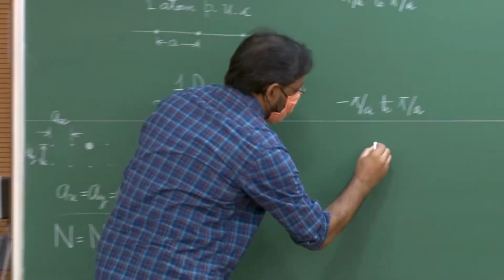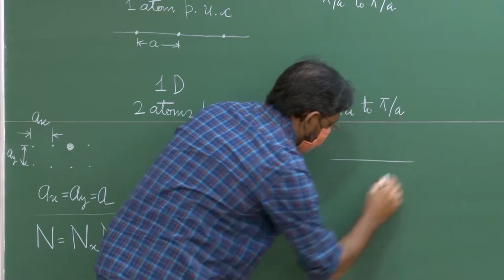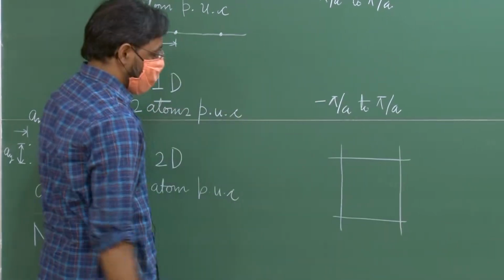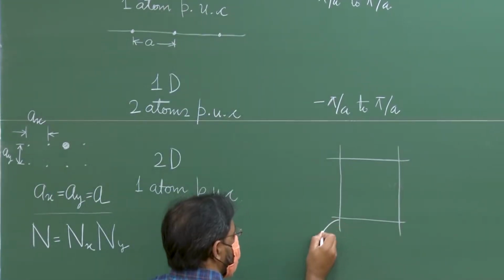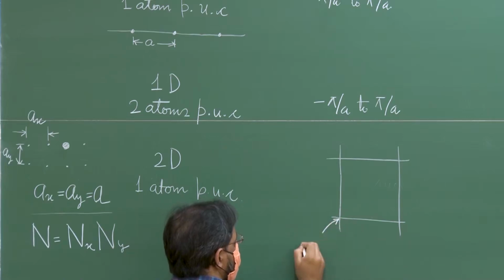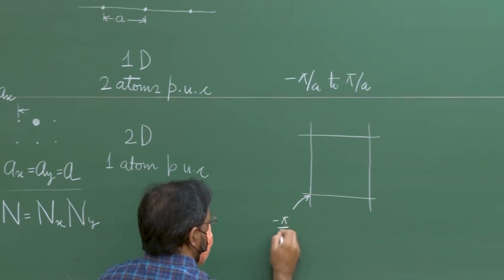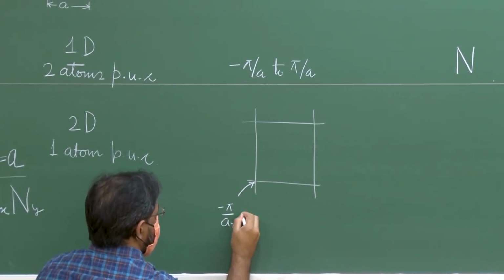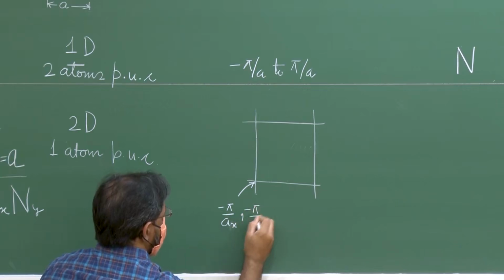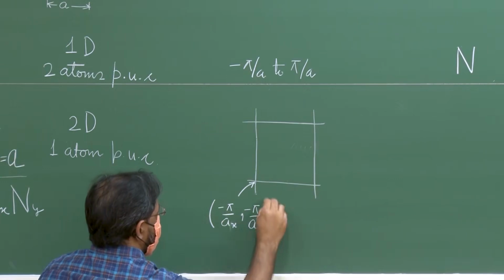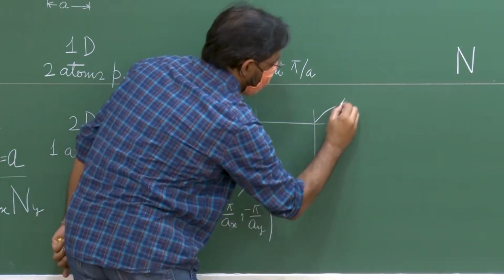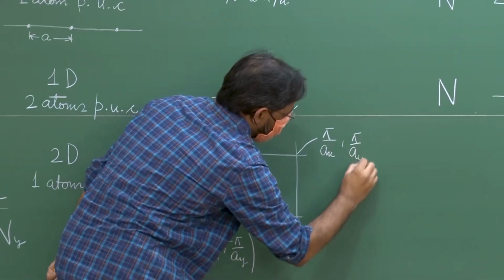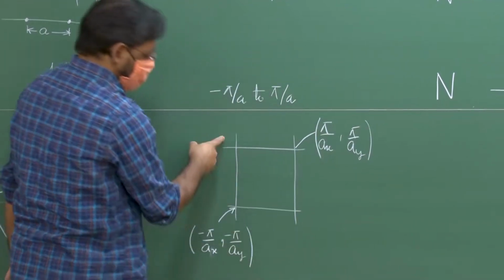So this is how the Brillouin zone is going to look. The coordinates of this point are minus pi by ax, comma, minus pi by ay, and the coordinates of this point are pi by ax, comma, pi by ay, and so forth for these two.